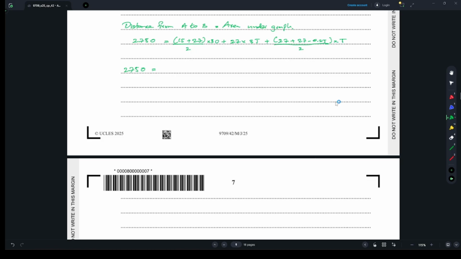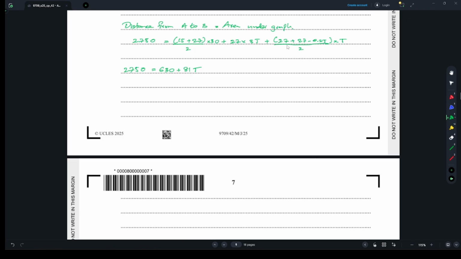So here we have 630 plus 27 times 3t, so 81t, and then 27 plus 27 is 54, and also minus 0.2t, so we divide by 2.